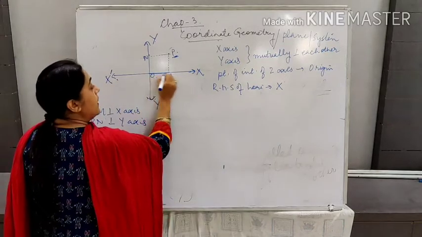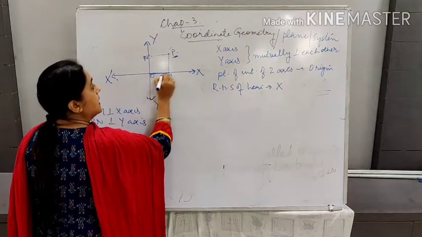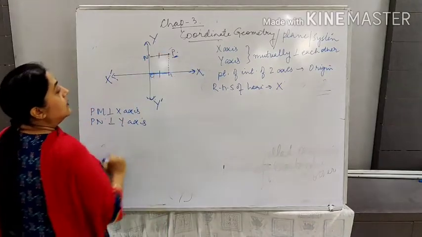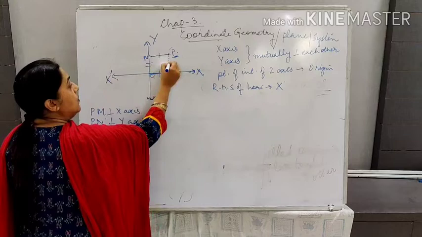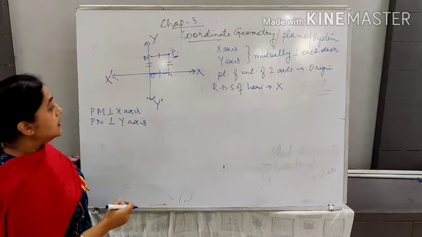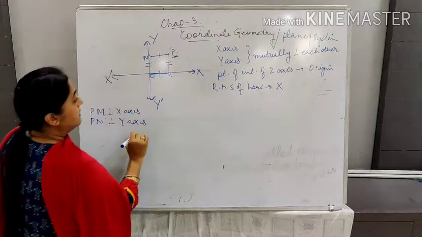So this OM, please check it out. This is a rectangle. So this OM is equal to PN and this ON is equal to PM, right? Now how will you locate this point?